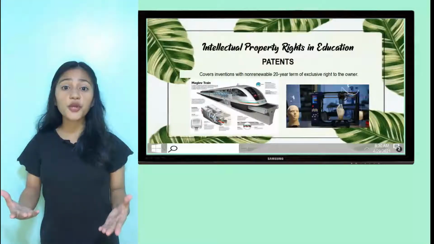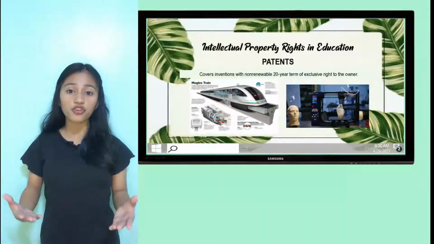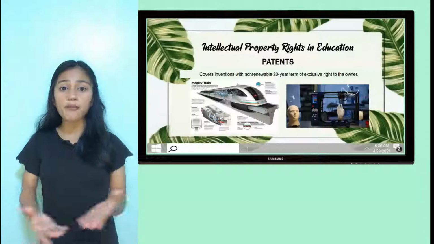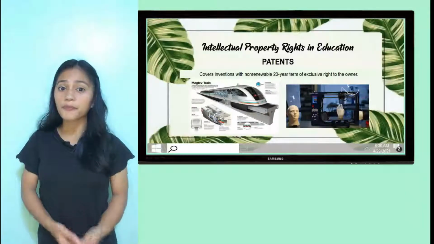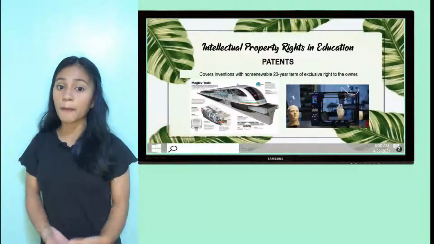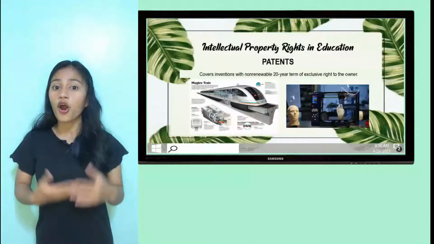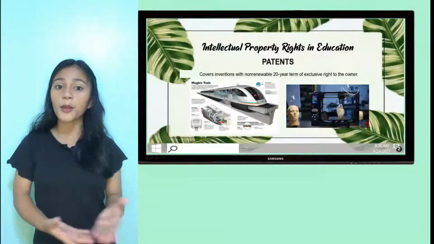At the expiration of the term, the invention enters the public domain. Here are examples of some patented inventions: the magnetic levitation train, and the 3D printer.